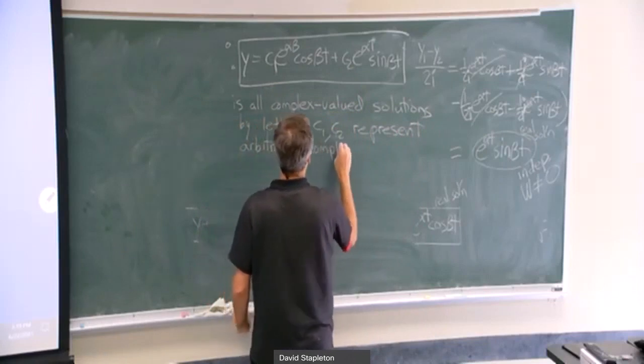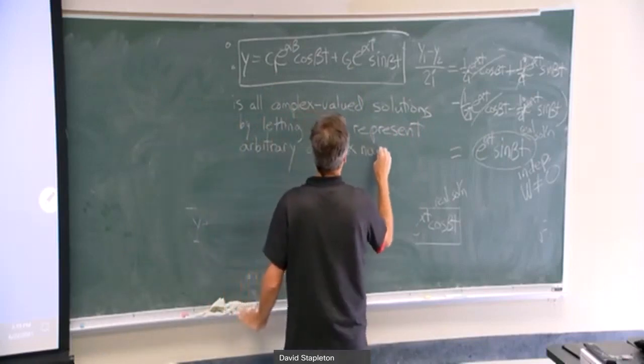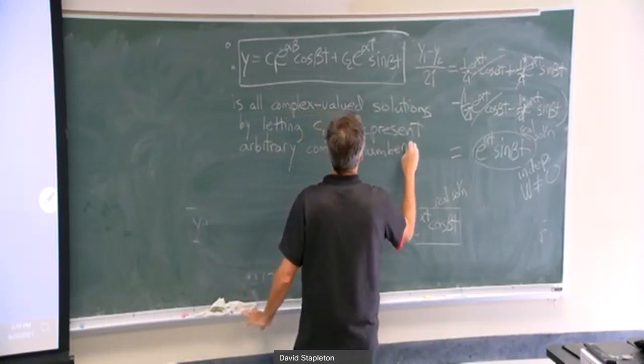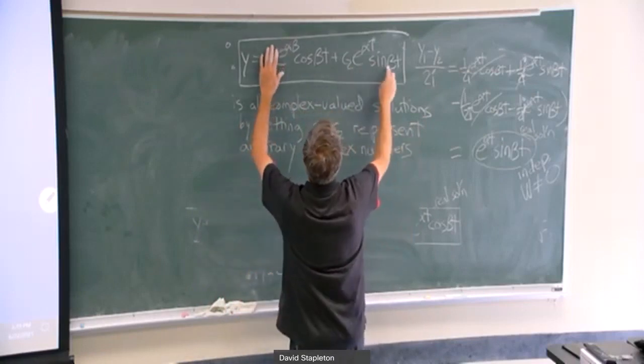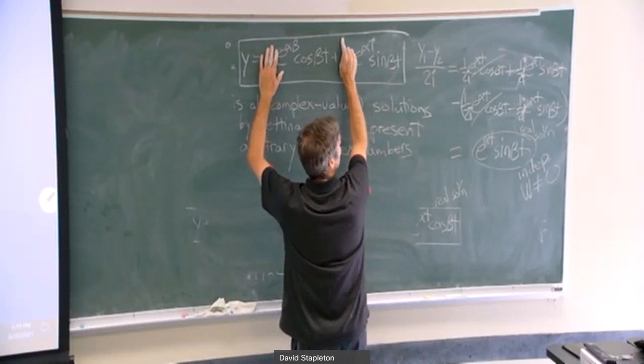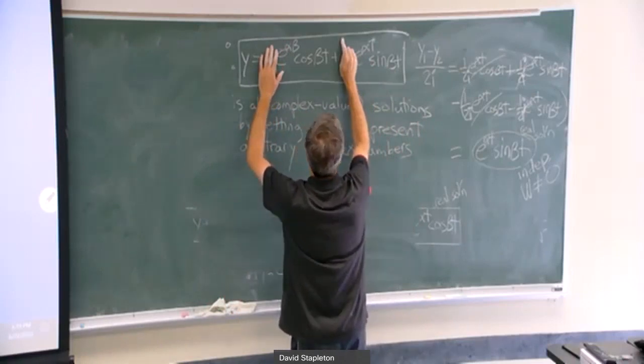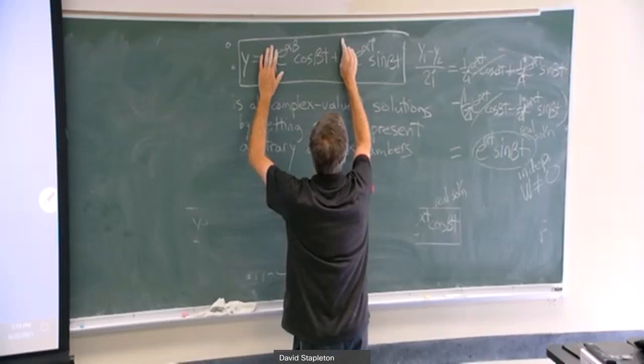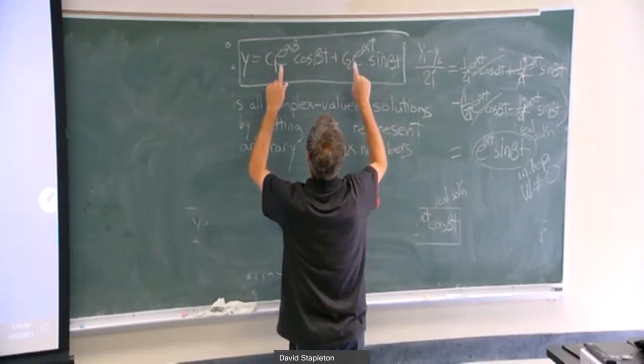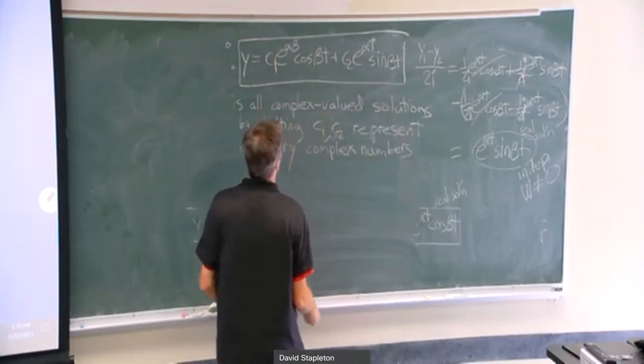But wait a minute. We just said these two functions here, without the C1 and C2, are real valued functions, right? There's no i in there. That are solutions to the differential equation. So I can take an arbitrary linear combination using all real numbers and get all real valued solutions.